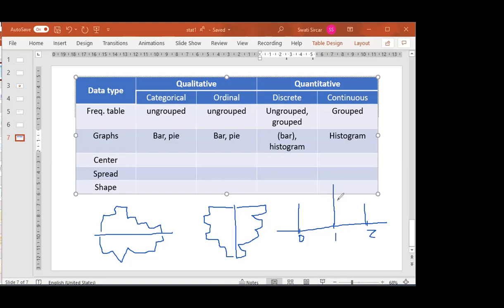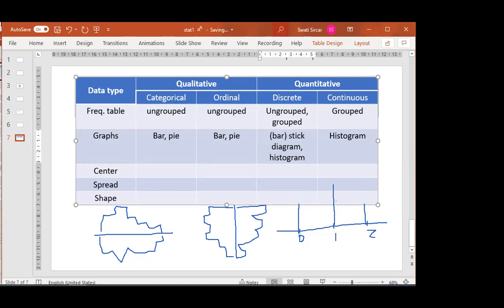So I'll modify it here. This is bar, and I'll put stick diagram. And when it gets to histogram, you have a full interval, and therefore you have those connected rectangles.